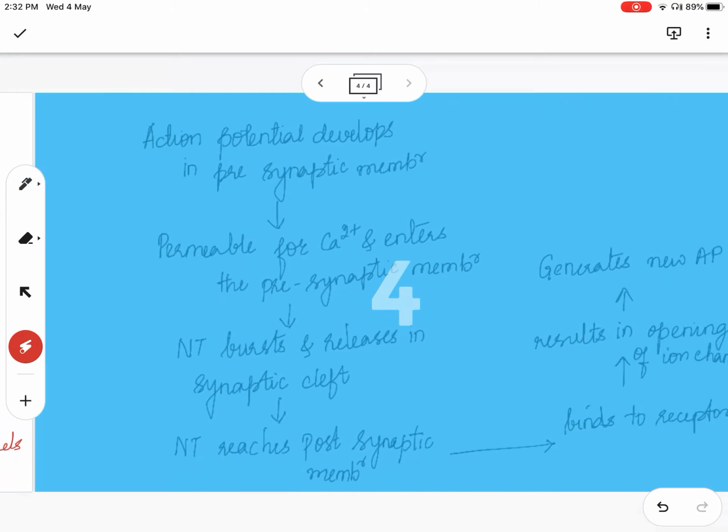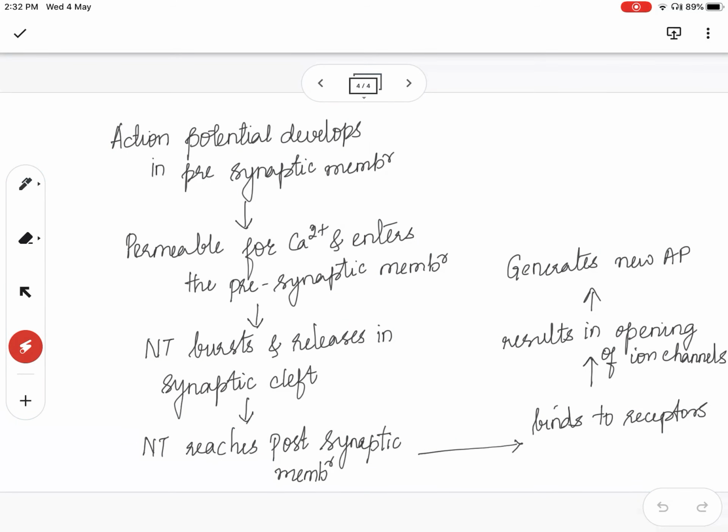If you can see, I've also written the notes. Action potential develops in the presynaptic membrane, which becomes permeable to calcium ions. Calcium ions enter into the presynaptic membrane. Because of the entry of the calcium ions, stimulation will take place, and neurotransmitters will be released into the synaptic cleft from the synaptic vesicles.